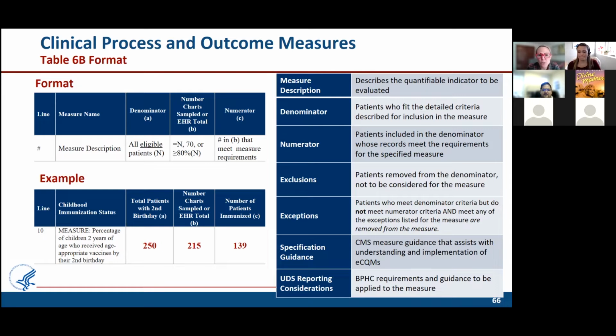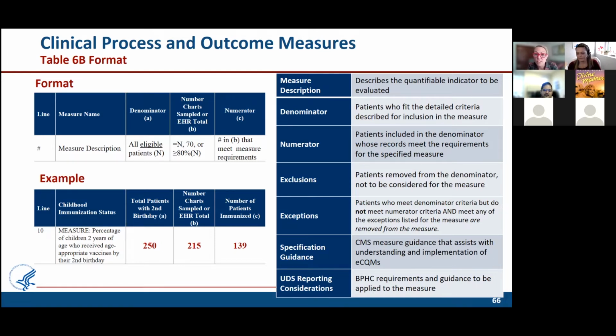So now let's shift our focus then to the other side of the screen for a couple more key definitions. For most measures, there are exclusions and/or exceptions. These are patients who should not be considered for the measure or included in the denominator. Just note that this year, there are some clarifications about exclusions and exceptions.